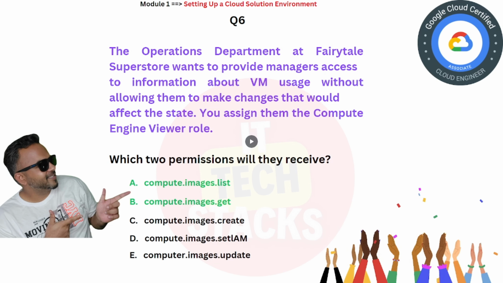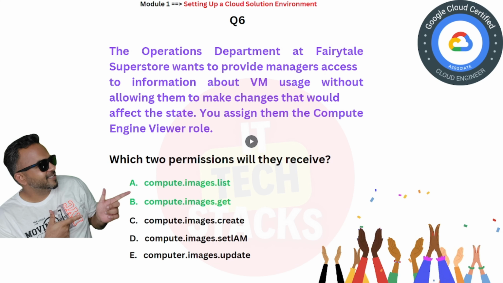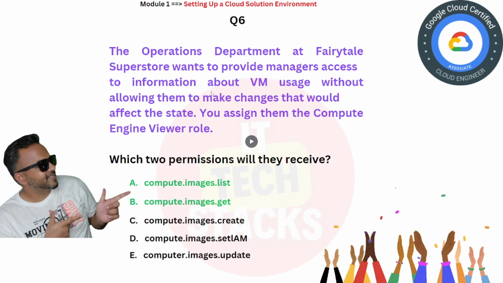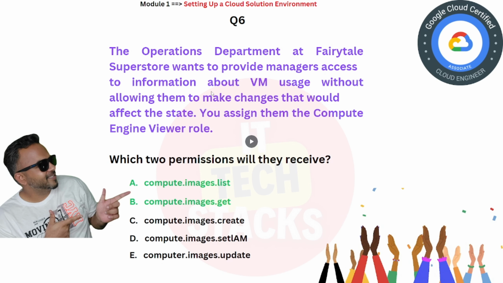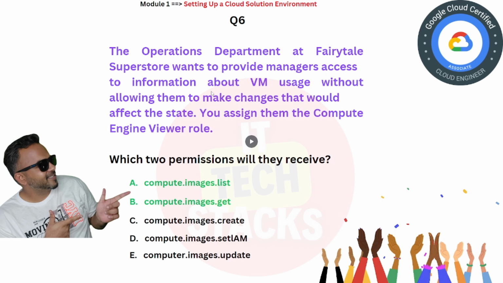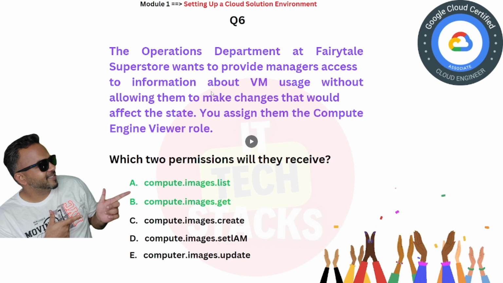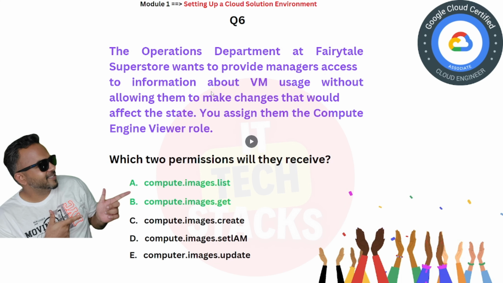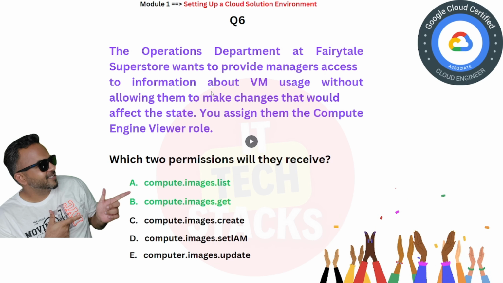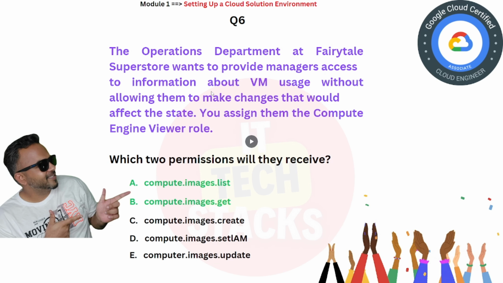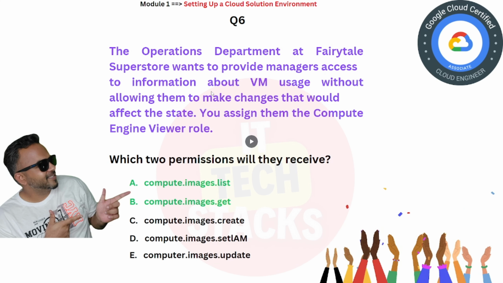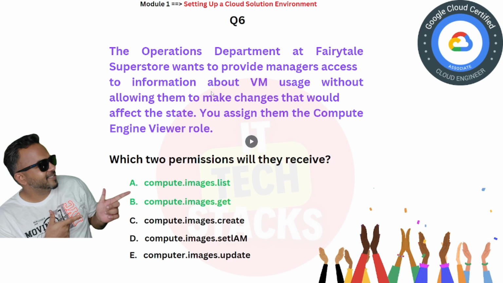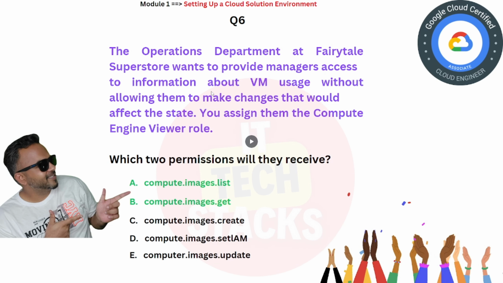Okay, so just to summarize, in our past videos we have discussed this. If you are a viewer on a given resource, you can examine it but not change it. As the name indicates, as a viewer you can only view, you cannot change its state. If you are an editor, you can do everything a viewer can do plus change its state.